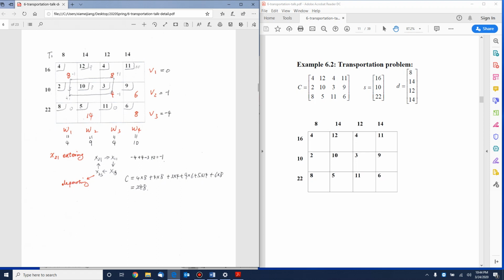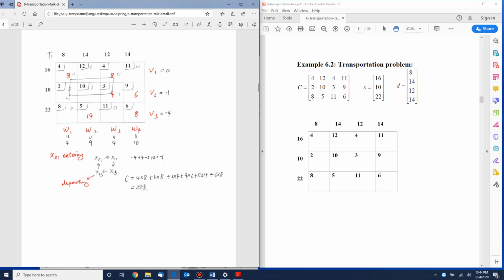The entries of the supply vector are 16 plus 10 plus 22, which equals 48. When we check the demand vector, the entries added together are also 48. So in this example, we can apply the minimum cost rule directly.